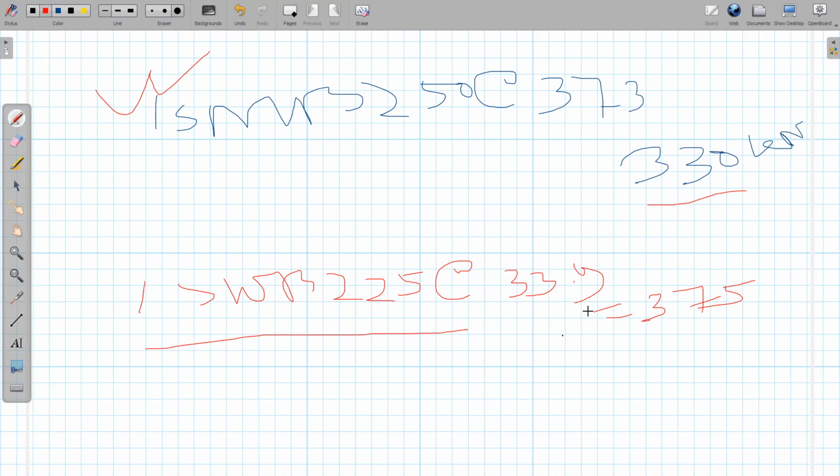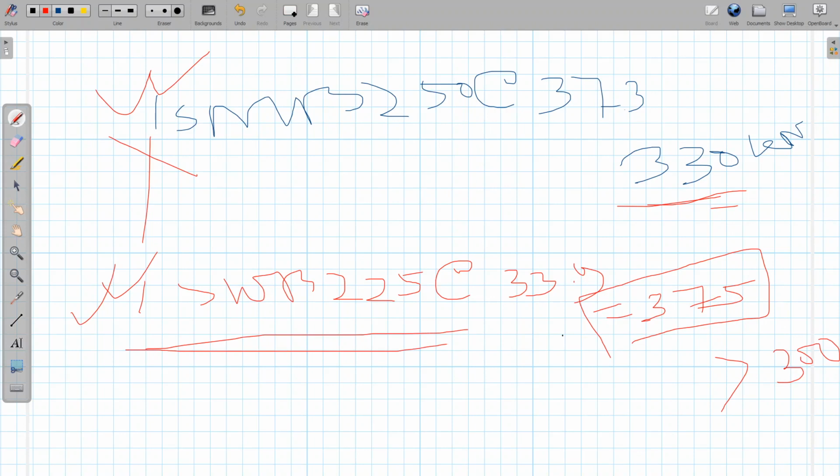Unit weight less means area is less. Still there are sections carrying more load than 330, so why should I go for this section? I will go for this section. Even though the area is less, it is giving a higher load carrying capacity. Both are more than 300 kilonewton, but I will choose this section.